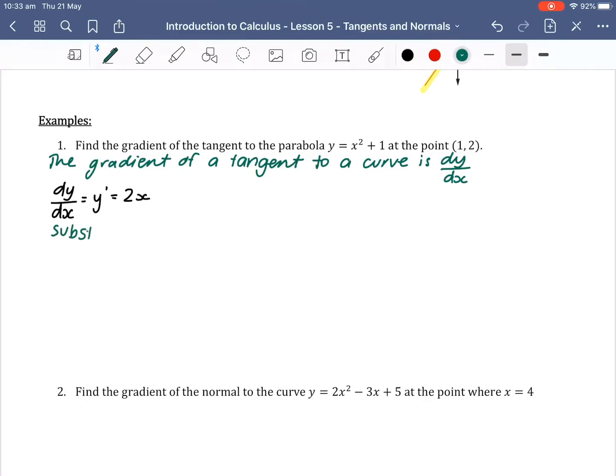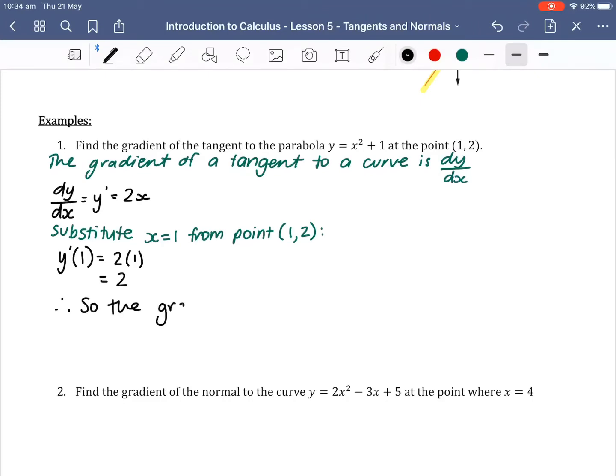Then we want to substitute our x equals 1, from our point, into our derivative. So y dash 1 equals 2 times 1, which just equals 2.